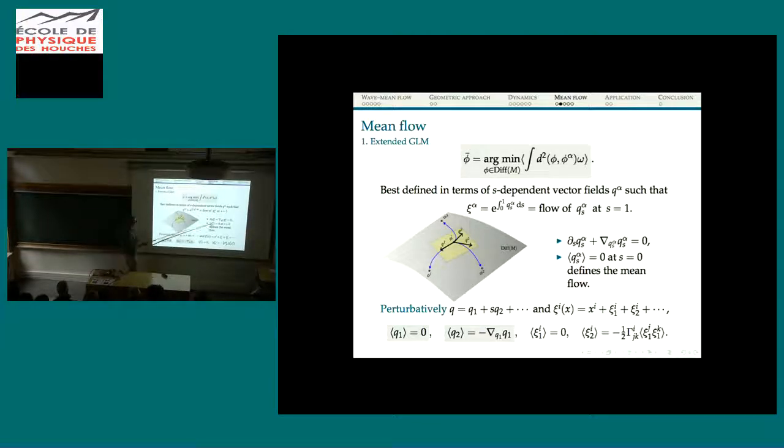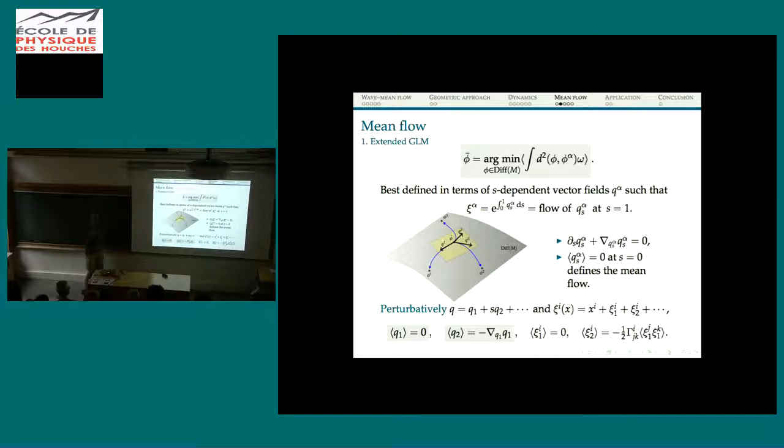And then what's important is that the condition of minimization, when you start moving this mean flow about, gives you a condition on the vector field at the origin. Okay, so the mean of them is 0. So this is reminiscent of what's happening in GLM for those who know this. So you can't work out this distance right off the bat in general. What you can do is a perturbative calculation.